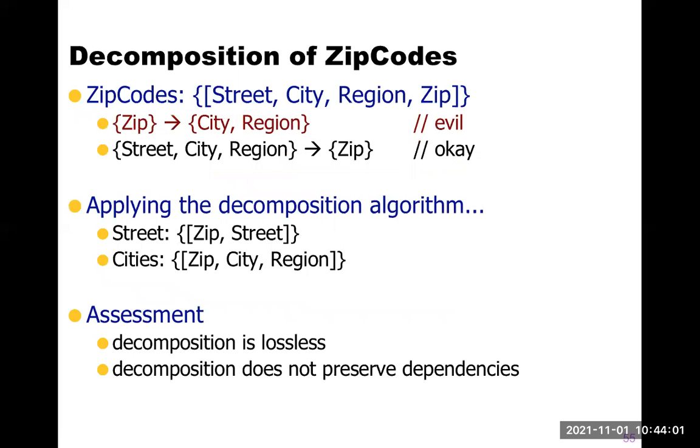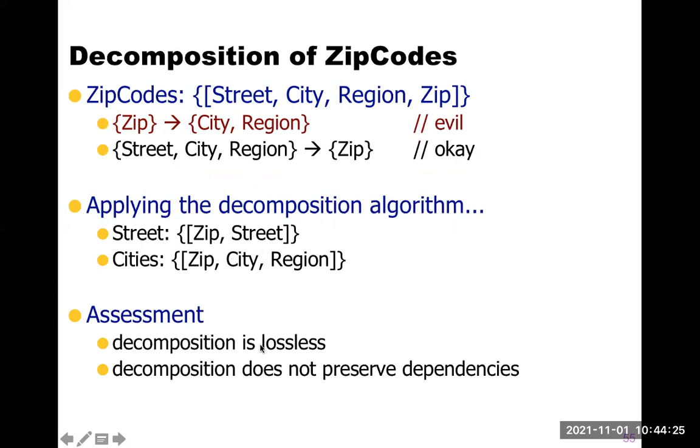So applying the decomposition algorithm, extract zip, city, and region. Zip, city, and region is extracted, and then zip and street. We remove city and region from the right part, and what remains is street and zip.